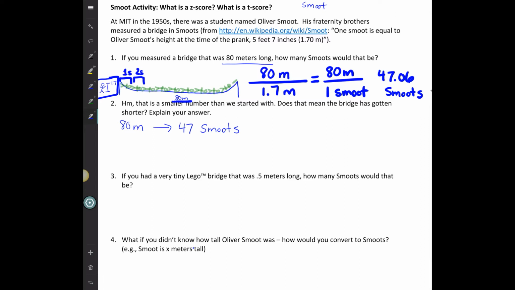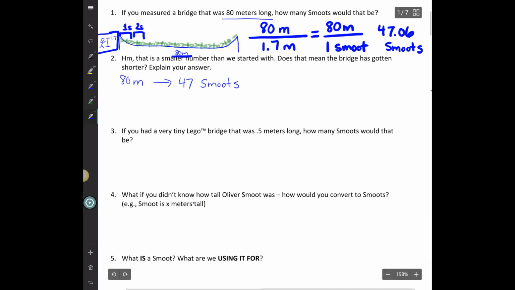So this is a smaller number than we started with. Do you think that means the bridge has gotten shorter? Has the bridge changed? It's gone from 80 to 47. Is the bridge a different size now? Think that through and jot down your answers and then come back and check the solution guide.